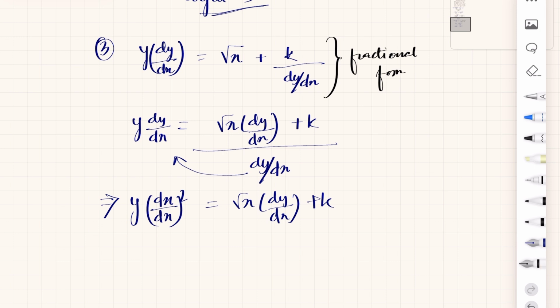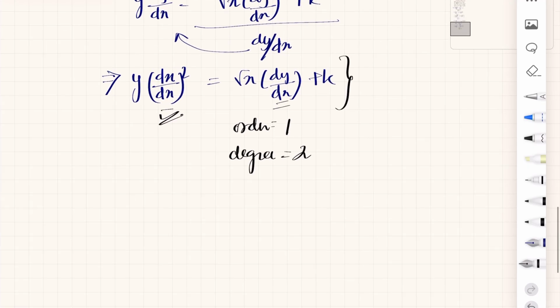So now we can find out the order. What is the order? This one is highest. We have only one derivative, so the order is 1. And what is the degree? Got it. This is the answer.